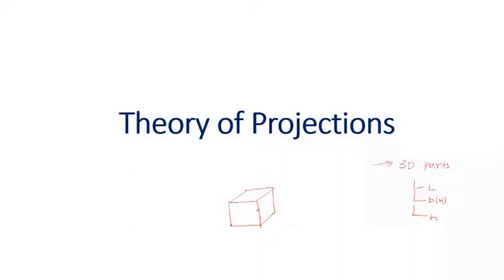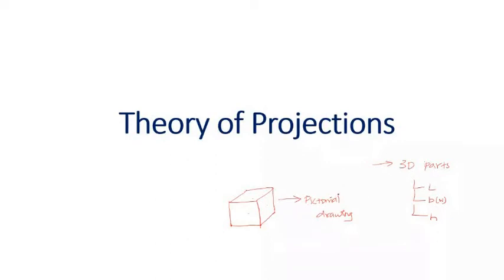So it's a cube. It has three faces visible, one, two, three, and three faces just behind each of them. When you draw all three dimensions on the drawing sheet, this particular drawing is called a pictorial drawing. These drawings are called pictorial drawings.